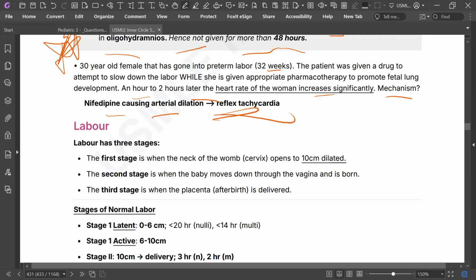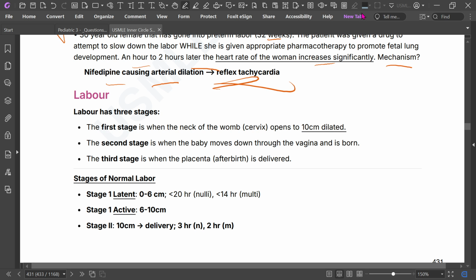Okay, next. Now, labor has three stages. The first stage is when the neck of the womb, the cervix, opens to 10 centimeters dilated. Second stage is when the baby moves down through the vagina and is born.